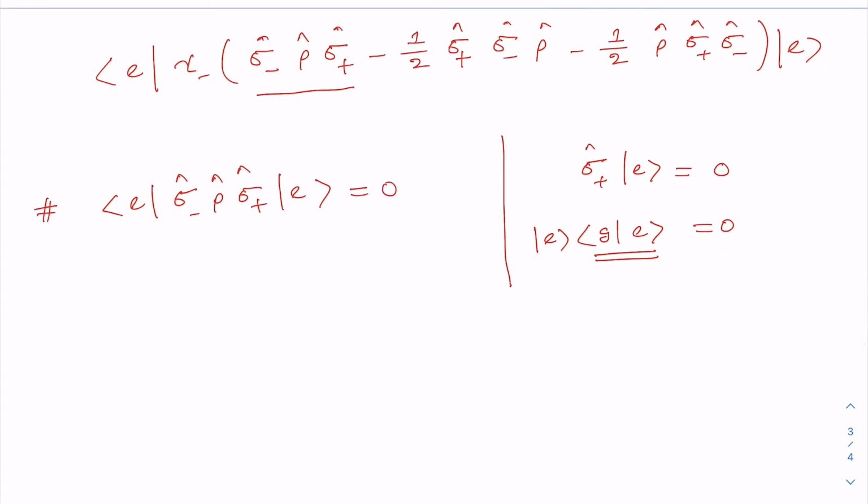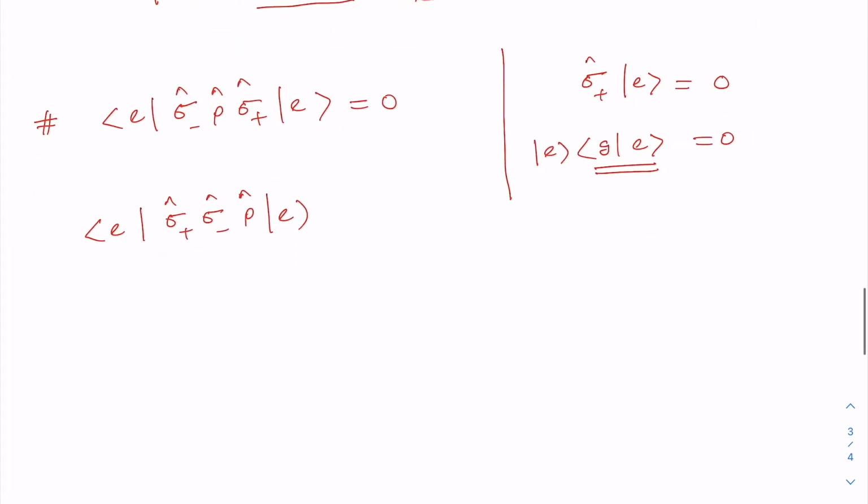Then once this is done, what we are left with is to work out ⟨e|σ₊σ₋ρ|e⟩.